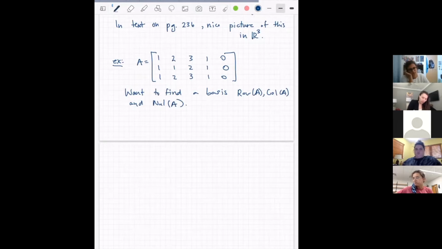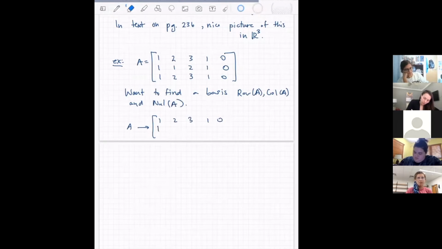So let's go ahead and do that. First of all, the third row is exactly the same as the first row, so we can get rid of it. It will become all zeros. This is 1, 2, 1, 0, and all zeros in the last row.